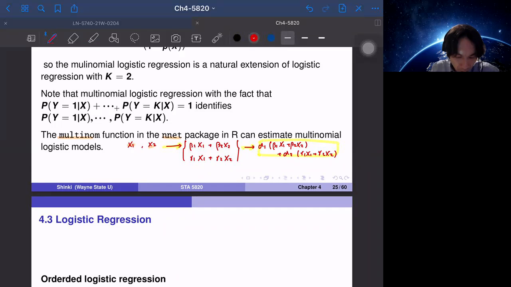In the neural network, we use the logistic function. From x1 and x2, we create f of (beta 1 x1 plus beta 2 x2), where f is the logistic function, and f of (gamma 1 x1 plus gamma 2 x2).